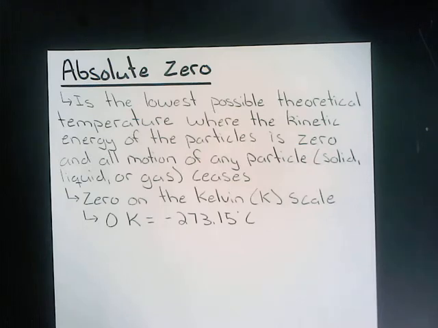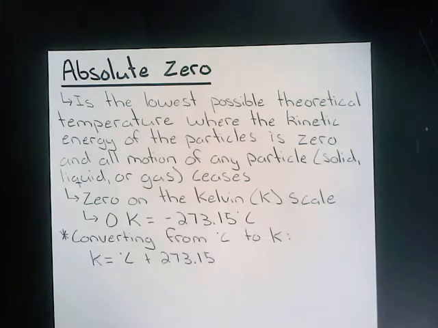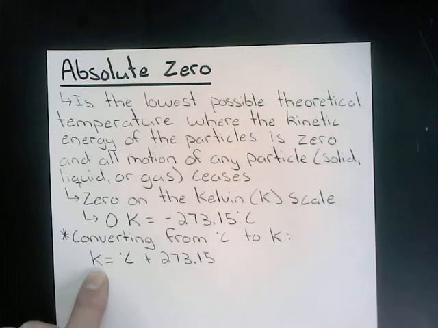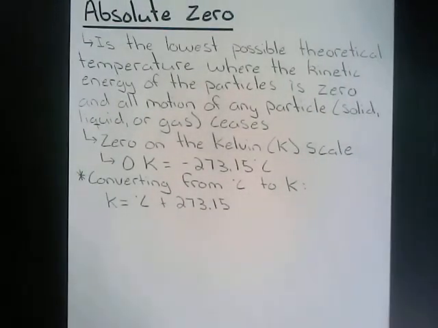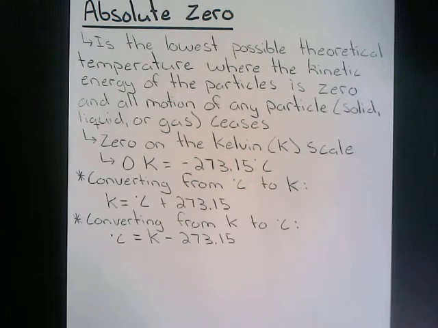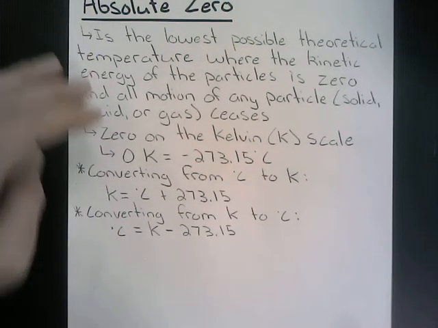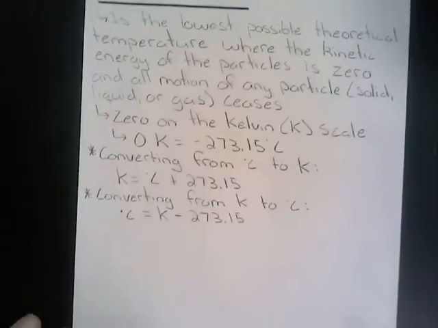To convert to Kelvin from degrees Celsius, you add 273.15. Again, to get our Kelvin temperature, K, we take the degrees Celsius temperature that's given and add 273.15. To convert from Kelvin to Celsius, we simply subtract 273.15. So when we use Charles' Law, we need to factor in absolute zero, which means we need to be in the Kelvin scale.